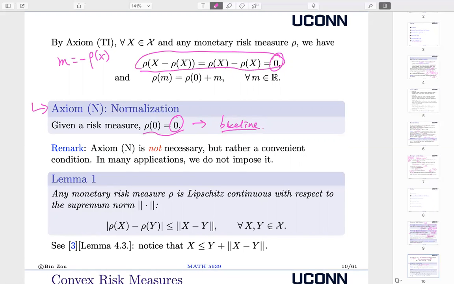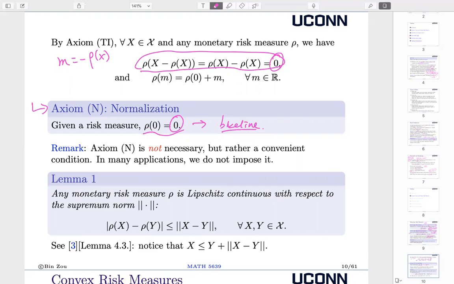In this case, as you can see, 0 means no risk because the company does not get involved in any business. X is 0 means no return, no loss, nothing, just no business. You can think of this as a baseline case. If the company is not involved in any business, the risk is 0.